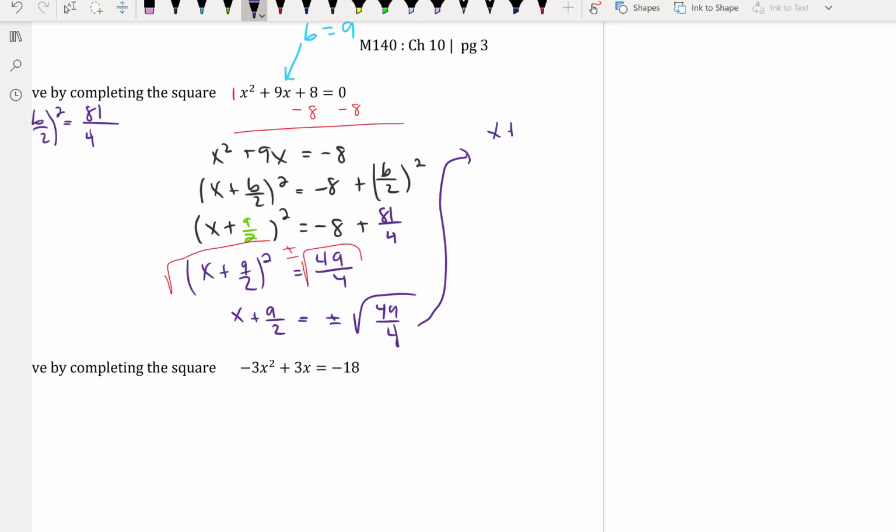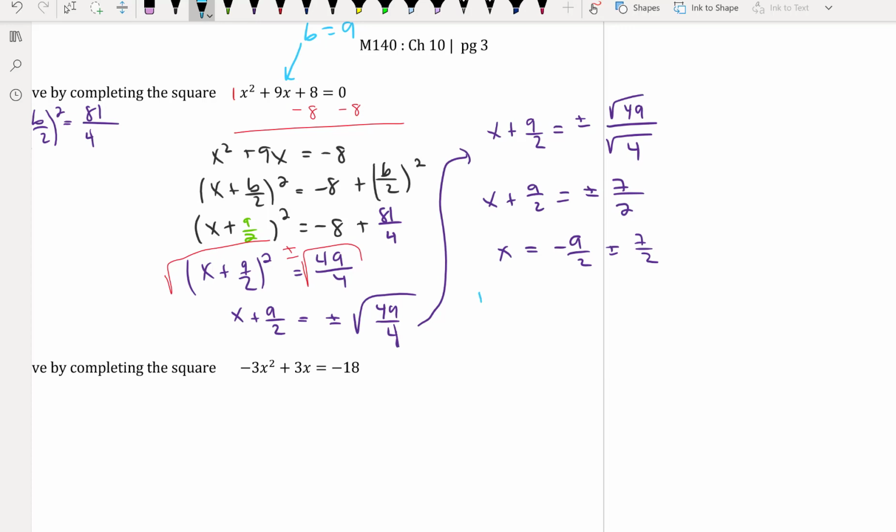So x plus 9/2 is equal to plus or minus, and I can rewrite it as the square root of 49 over the square root of 4. So x plus my 9/2 is equal to plus or minus, the square root of 49 is 7, and the square root of 4 is 2. So x is equal to negative 9/2 plus or minus my 7/2.